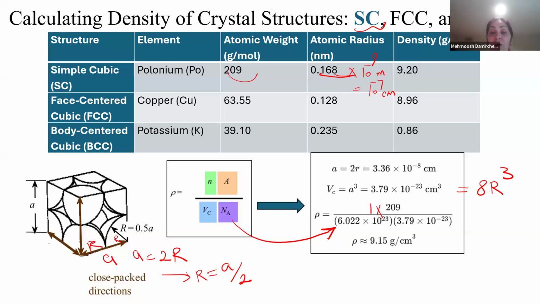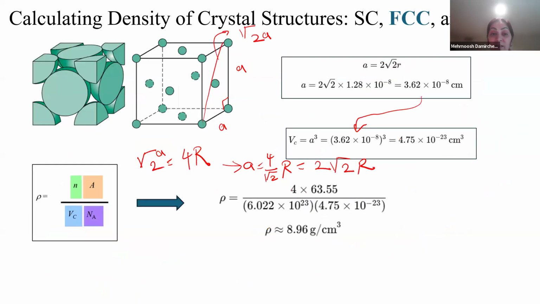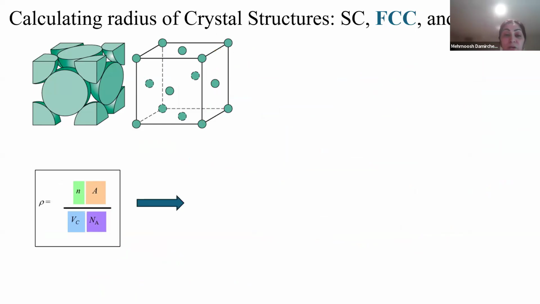Okay, for FCC or copper, Cu, the density was 8.96, and the density that we derived is exactly 8.96. And the last one is for the radius, I talk about the radius here too for FCC. If we know the density and the atomic weight but we don't know R, what should we do?